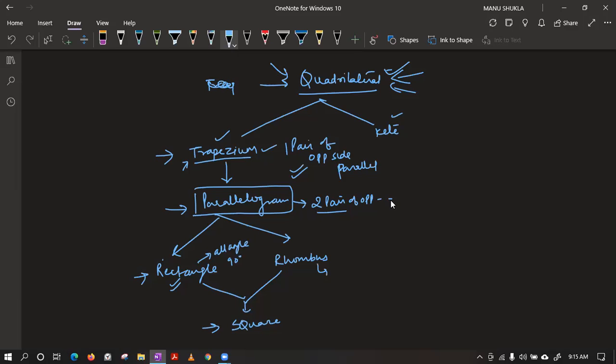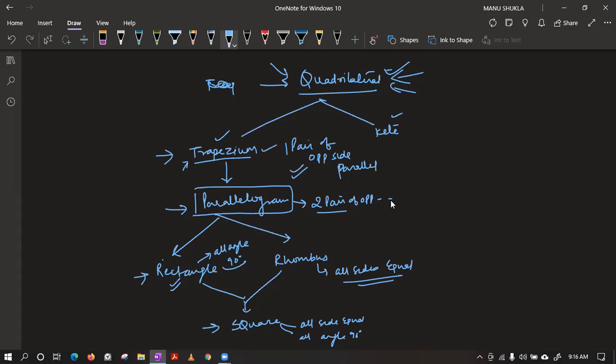In the case of rhombus, the extra thing is all sides are equal, and these two extra things come together in the case of square: all sides equal, all angles 90 degrees.